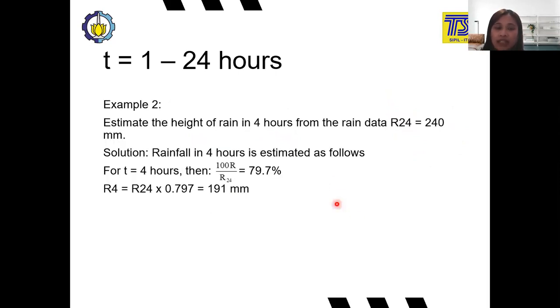And then we got a height of the rain equal to 191 millimeters. This is the height of the rain in 4 hours.